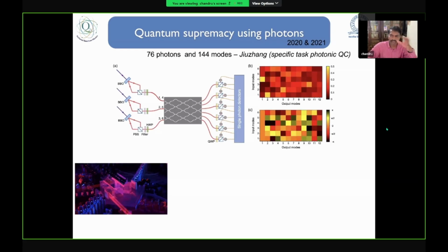Now I had this slide earlier, but this is a simpler version of the same thing, version 1 and version 2. They did implement a specific task, boson sampling, where you have multiple single photon generation units, and all these photons are fed into paths, and then you make them do boson sampling at every path, and you can measure them as an output.